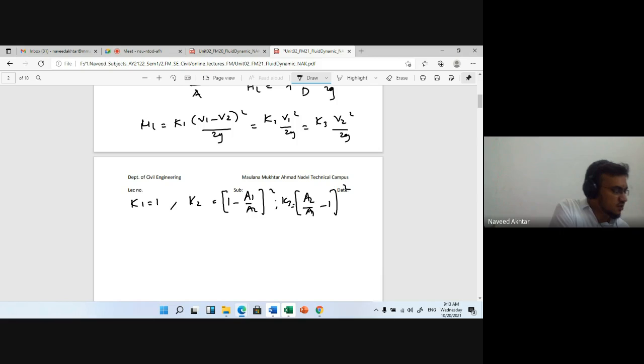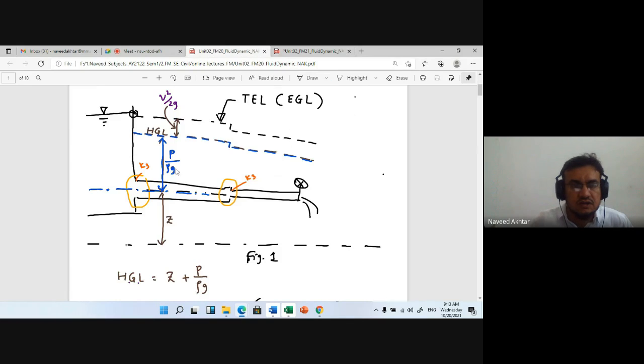Okay, these are the formulas, and this figure we have already drawn shows how the levels are: kinetic energy, potential energy, and pressure energy, or pressure head, potential head, and kinetic head. You can see this in figure number 1.